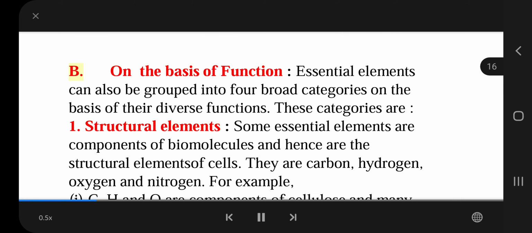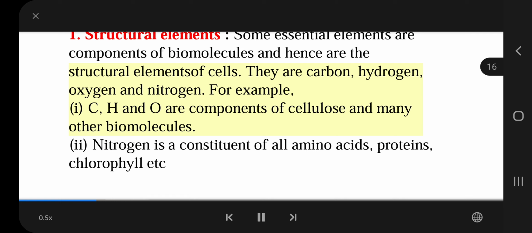B. On the basis of function, essential elements can also be grouped into 4 broad categories on the basis of their diverse functions. These categories are: 1. Structural elements. Some essential elements are components of biomolecules and hence are the structural elements of cells.